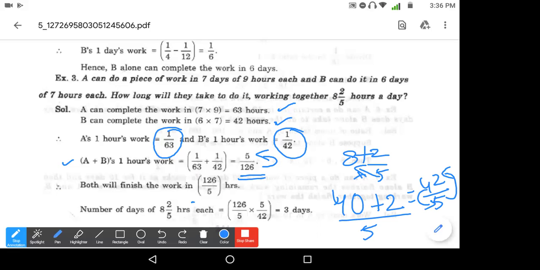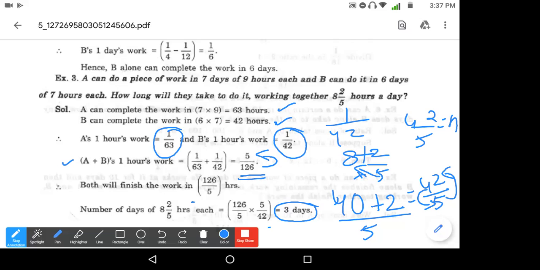So you get 126 by 5 into 5 by 42, which will give you 3 days. So both A and B are working for 8 2 by 5 hours every day. And we have understood. So now 42 by 5 is n, then 1 by 42 by n.